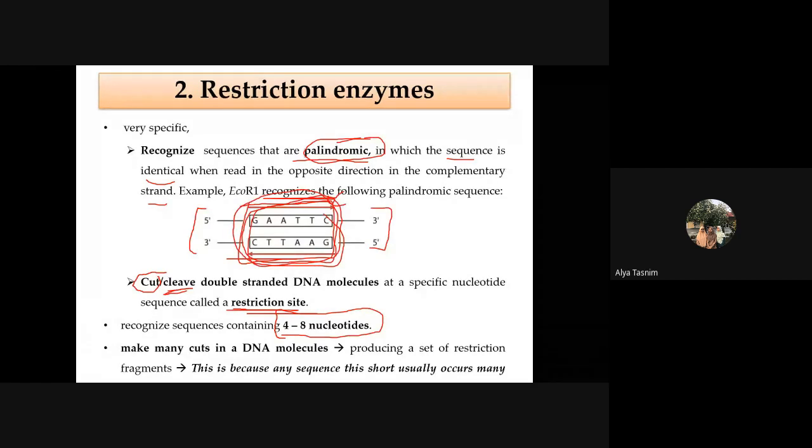So when you extract DNA from an organism and you insert the restriction enzyme into the reaction, the enzyme will cut the DNA into many fragments. For example, here.